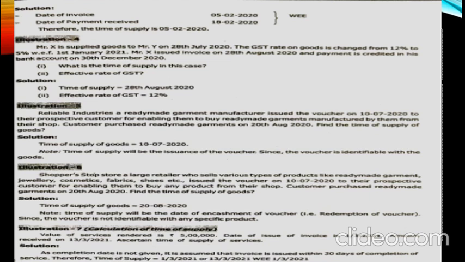Here in this condition, the date of the goods bought by the customer will be considered because the goods are not identified. The voucher covers different types of goods, which are ready-made garments, jewelry, cosmetics, fabric, shoes, etc. It is up to the customer's choice to select which product to buy using that voucher.